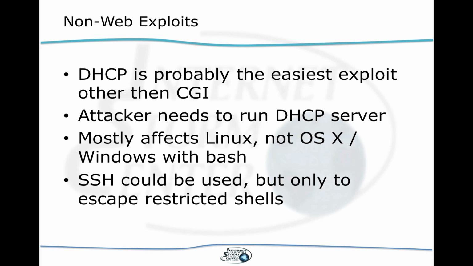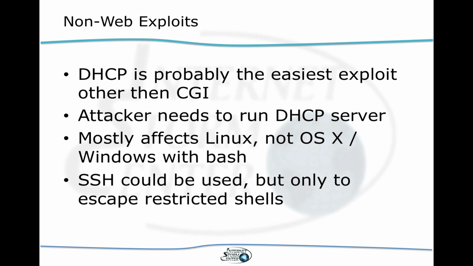That would mostly be a problem if you have, for example, a Linux workstation that you're using outside of your own home perimeter and you connect to untrusted DHCP servers. An attacker to exploit it against an internal network would have to set up a rogue DHCP server.